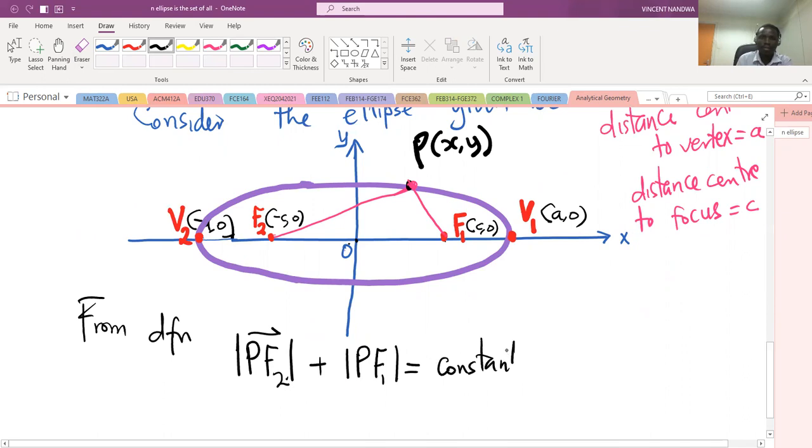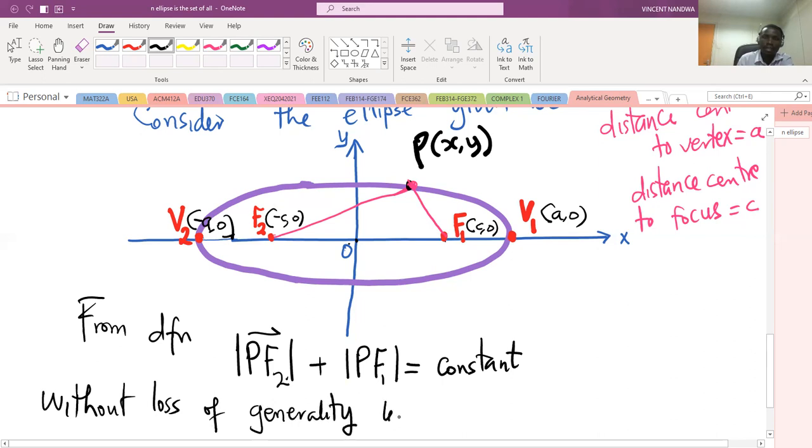This is how we define an ellipse: the set of all points in the plane whose sum of distances from two fixed points is a constant. So the question will be, how do we find this constant? Without loss of generality, let this P be this point V1.